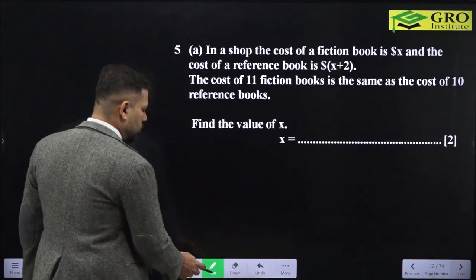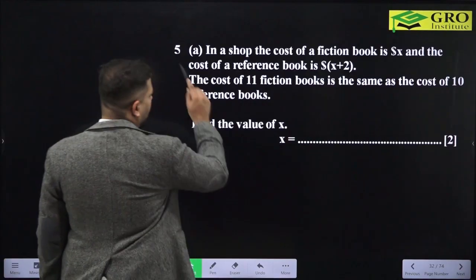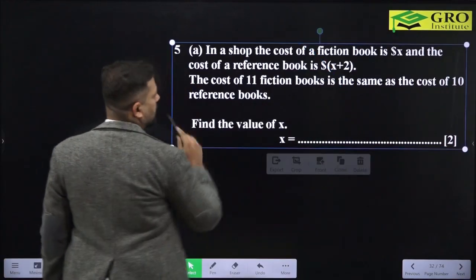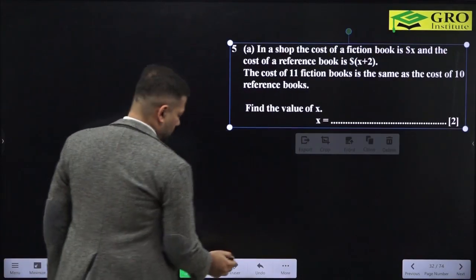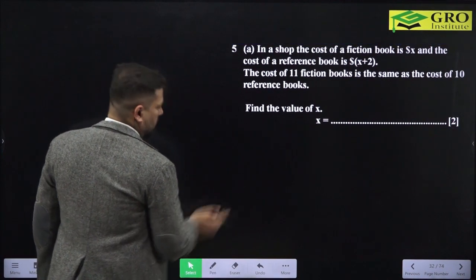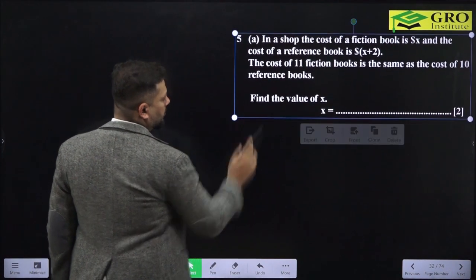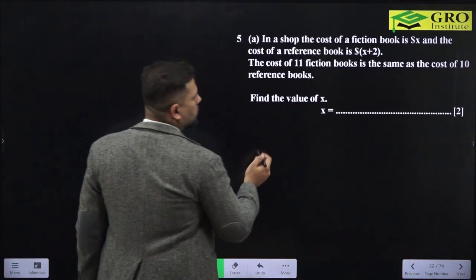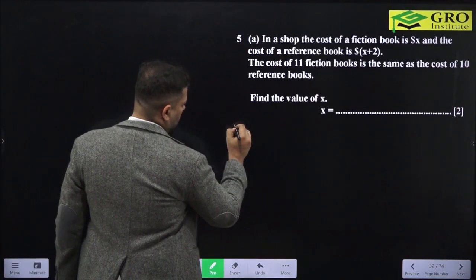Let us use this condition. Here I'll make a little bit of adjustment. Yes, much better now, and we'll move it a little bit up. It's a 2-mark question, guys, so we know what is being given.